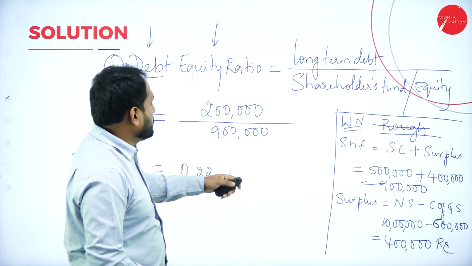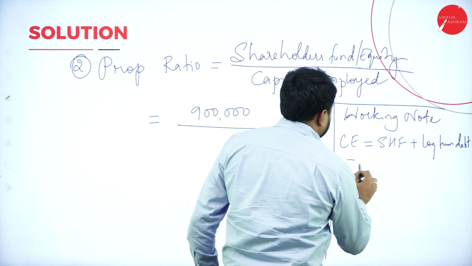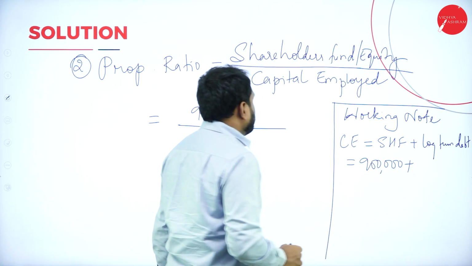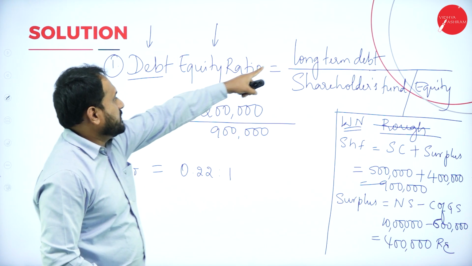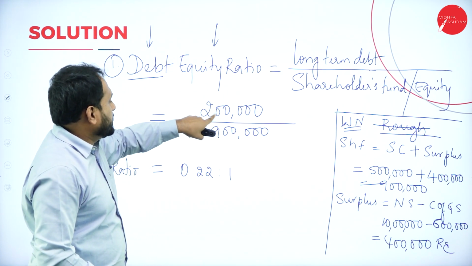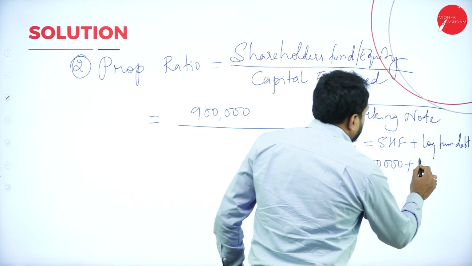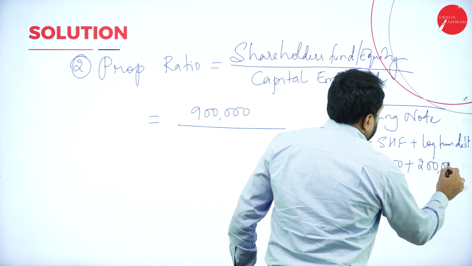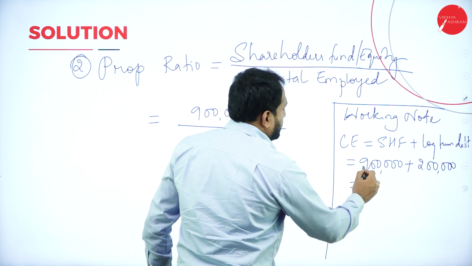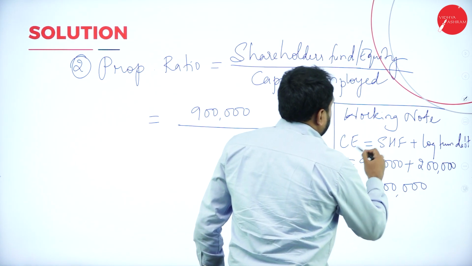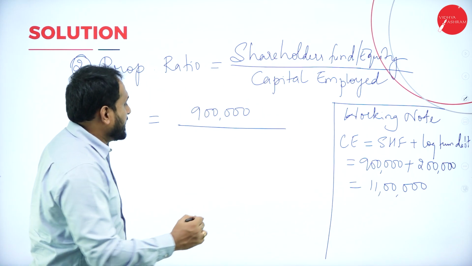I have already written, that is 9 lakh. So here it is equal to 9 lakh plus long-term debt. How much do you have? Long-term debentures are 2 lakh. So 2 lakh. Done. Now it is equal to 9 plus 2 is 11 lakh. So my capital employed is 11 lakh rupees.